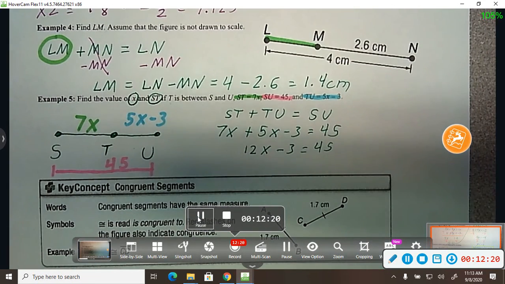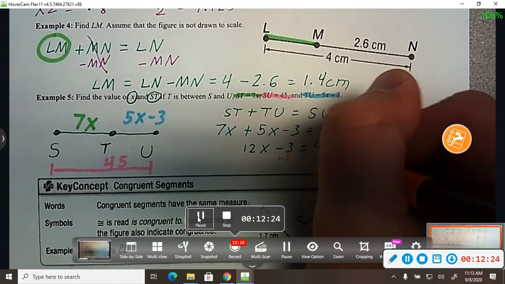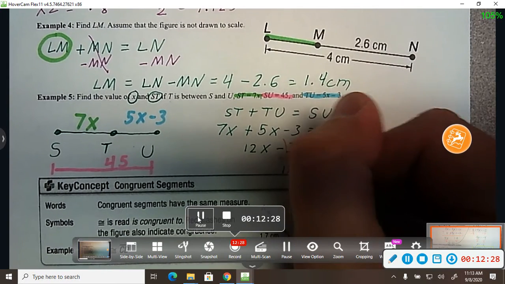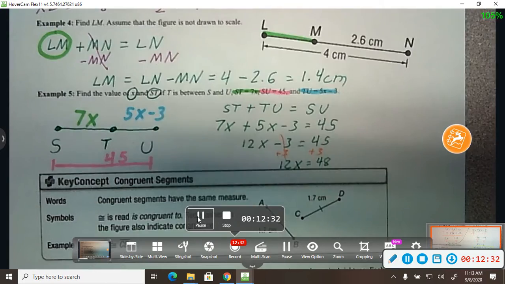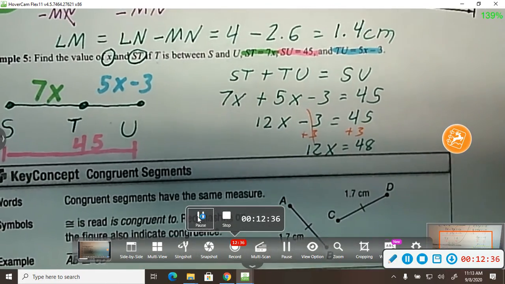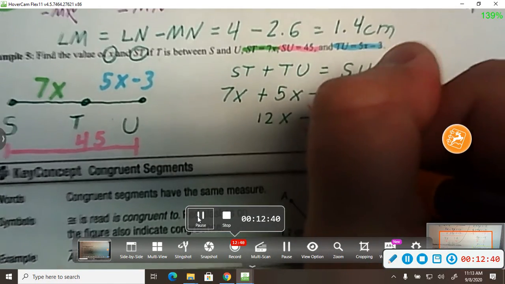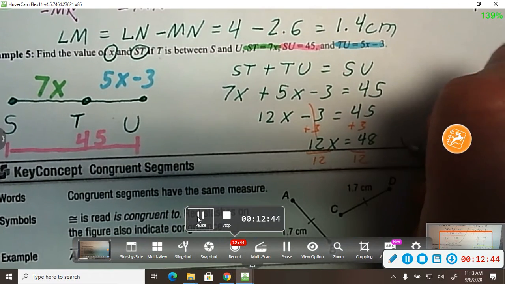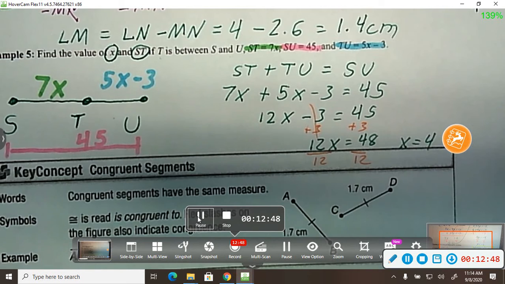I would then add 3 to both sides. And then divide both sides by 12. And I get x is 4. 48 divided by 12. Now that was only one piece of what they asked for.